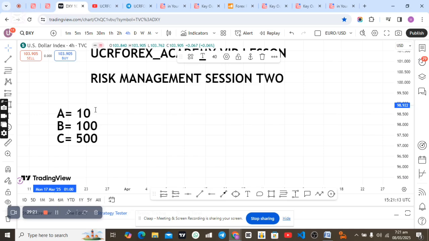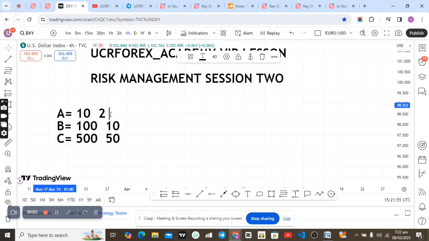The first intends to risk $2 per trade. The second wants to risk 10 USD per trade. And the third doesn't want to risk more than 50 USD per trade. That could be their trade setup, what they want to risk on each entry.